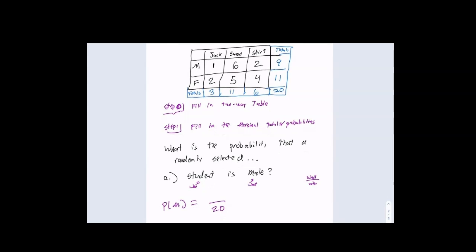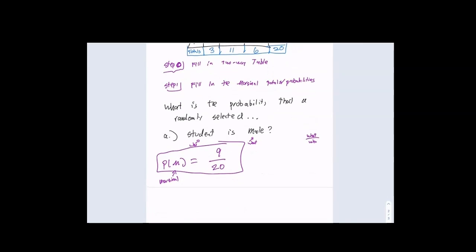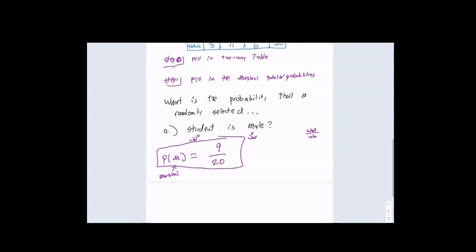Now this is a marginal question. This is a marginal probability. 9. We just look to the far end. So marginal. And that's my answer. 9 out of 20. Same thing that we've done. Like I said, it's the same thing that we've done. It's not meant to be trickier.